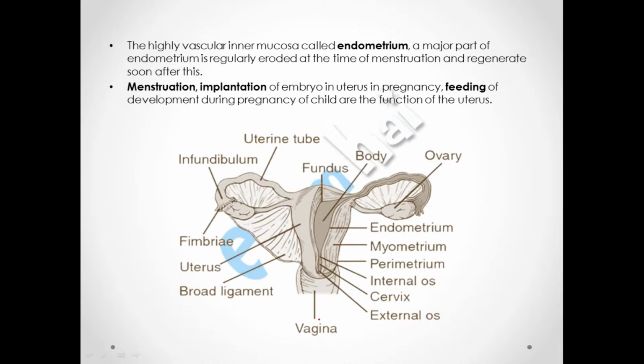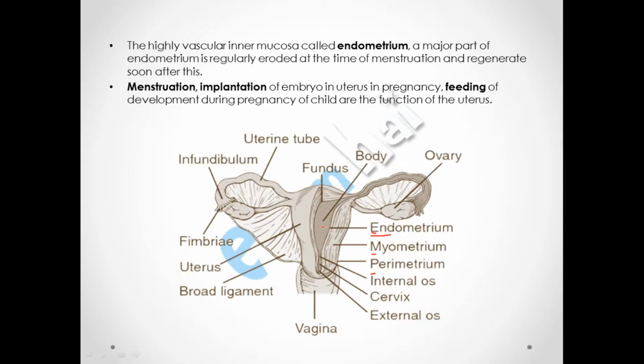Now we will discuss the function of the uterus. As I have discussed, it has three layers: endometrium, myometrium, and perimetrium. The endometrium layer erodes regularly at the time of menstruation and regenerates soon after.